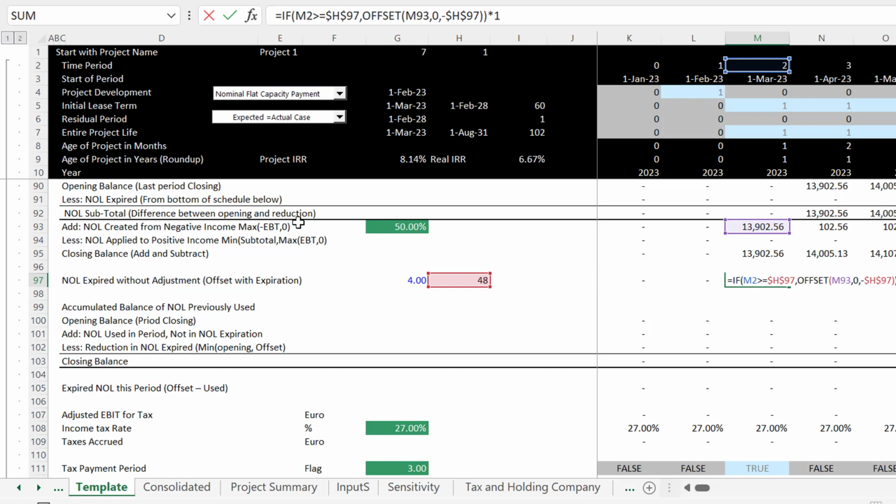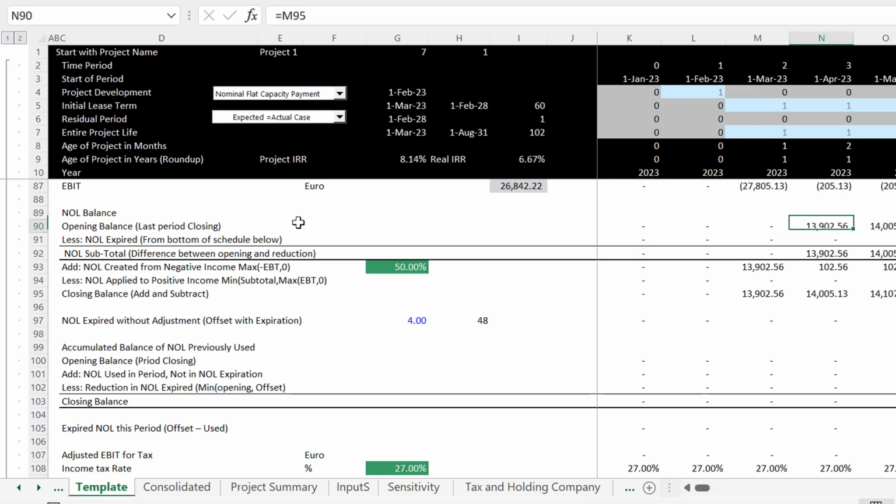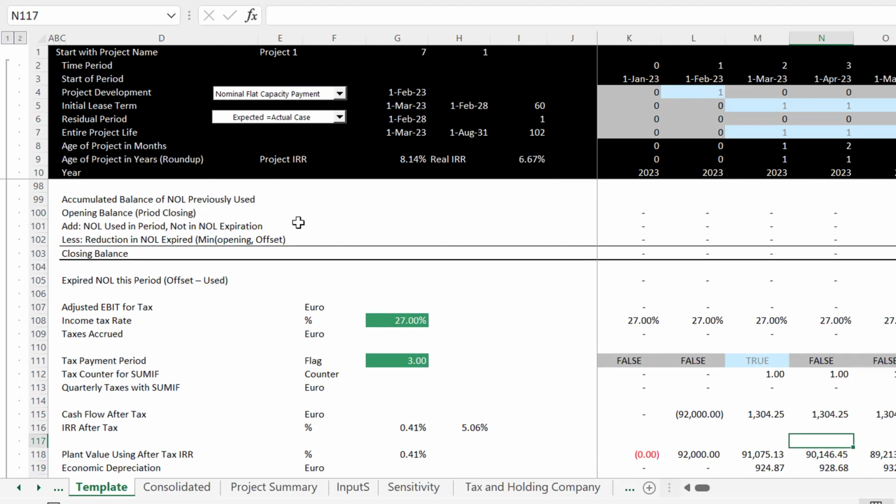We have to see if we've taken some NOL before. So we can't just look backwards 48 months. We have to look backwards and see how much NOL we took already. And that's all in here. And then if you do an expired NOL, you have to put another less expired NOL here. And that's all I'm going to say about it.